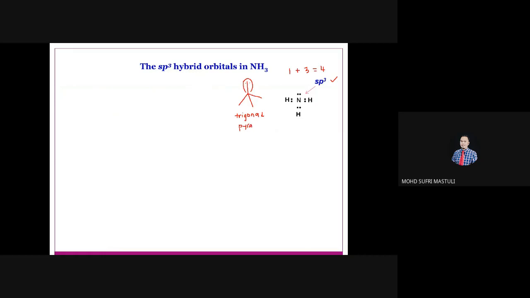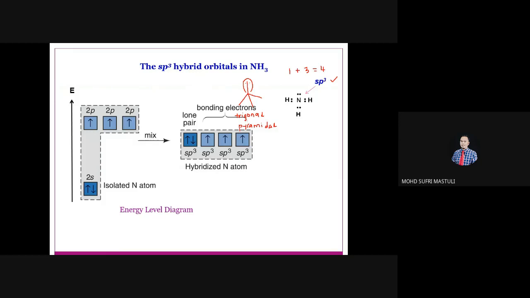Pyramidal. Okay. So how to draw the energy diagram? Same fundamentals. The central atom is nitrogen. So nitrogen has 7 total electrons. So the electronic configuration is 1s2, 2s2, and also 2p3.